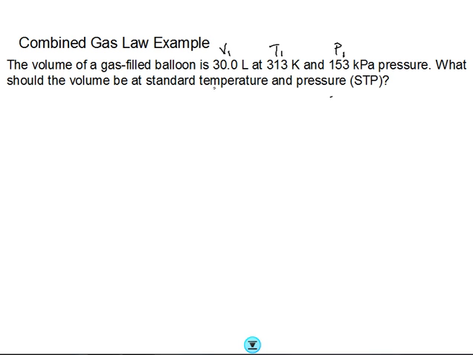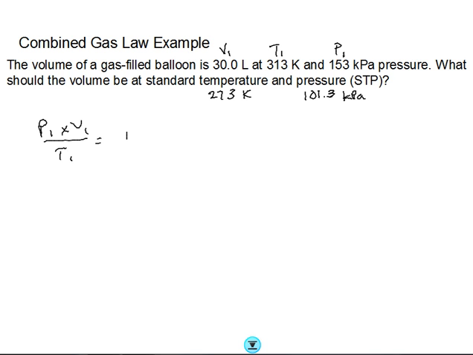What should the volume be at standard temperature and pressure? The first things listed are our V1, P1, and T1, and we're looking for V2. Since it's at standard temperature and pressure, we know that: the temperature is 273 Kelvin, and the pressure is 101.3 kilopascals.